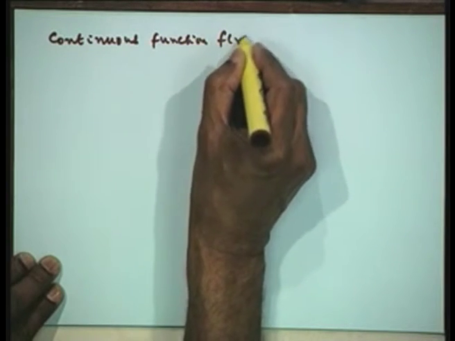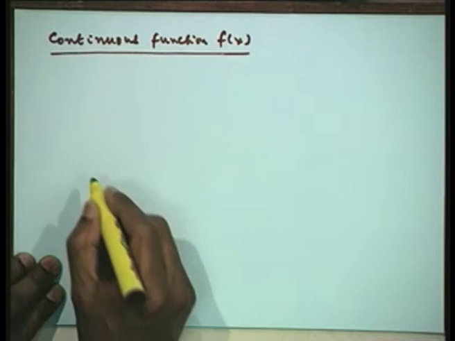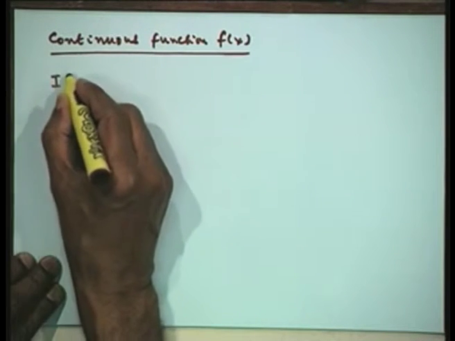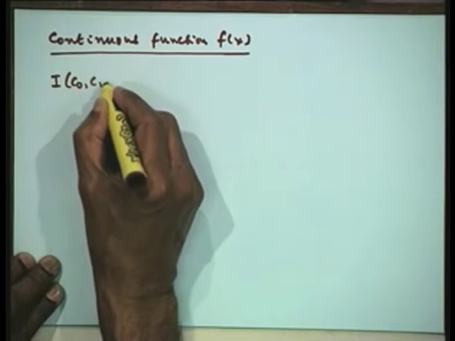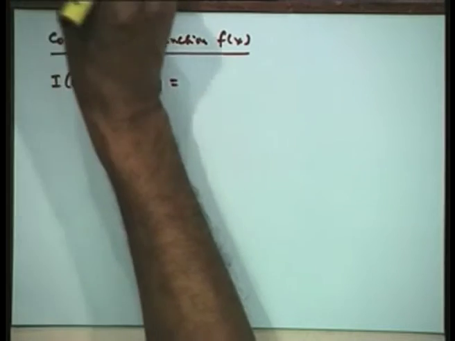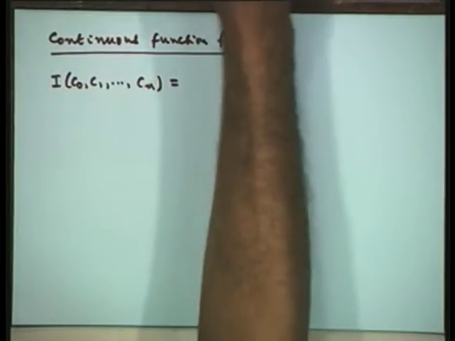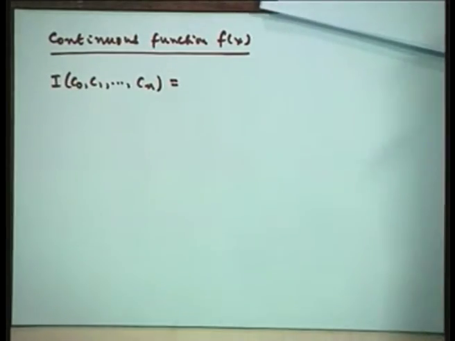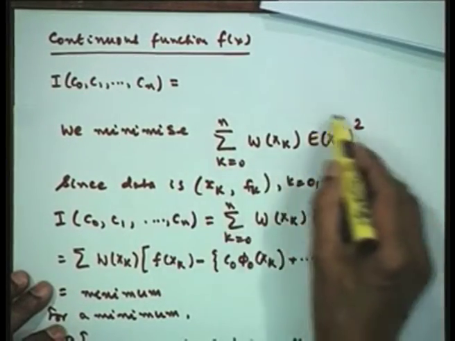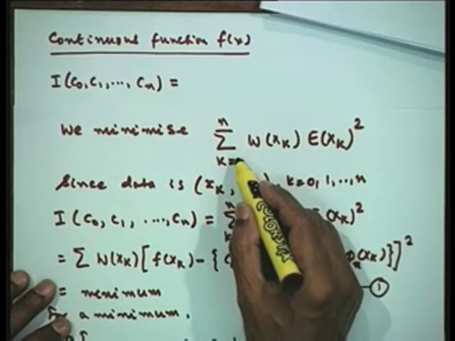Let us take a continuous function f(x). Therefore, I will again write our I as a function of c0, c1, ..., cn. Now, if you look at this, what we have done in the previous case is we have minimized this particular expression, which is nothing but the summation.